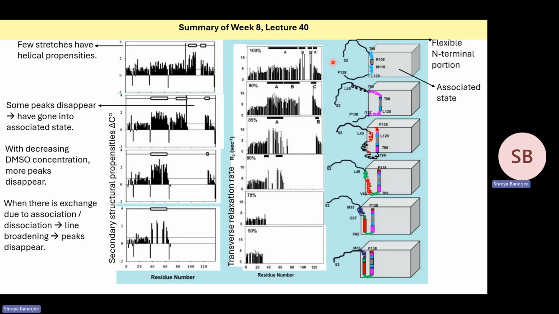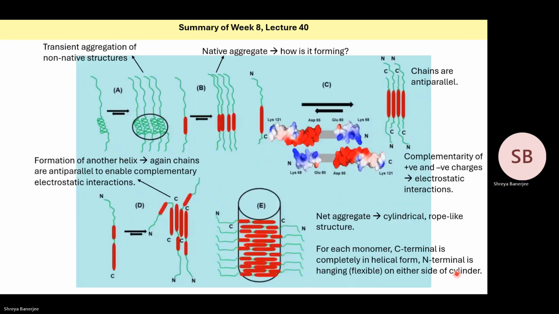As the DMSO concentration reaches 50%, the entire monomer identity will be lost, and only the flexible tail that is hanging out will show NMR peaks. And the rest of the peptide will be part of the aggregate, so the peaks will disappear. So this is how the DMSO titration can give an idea about the folding process in very large protein self-associations.